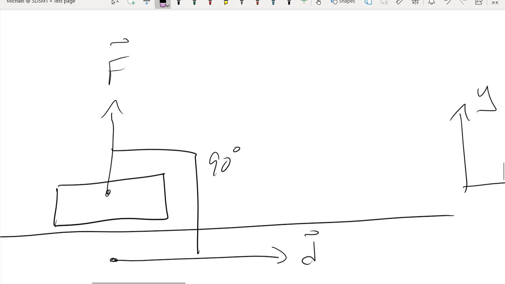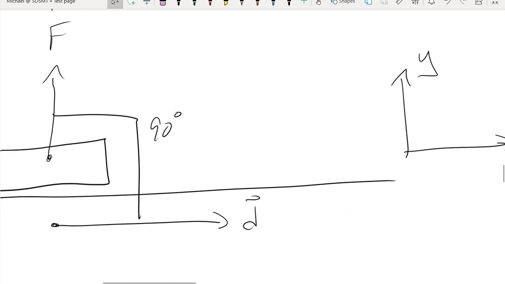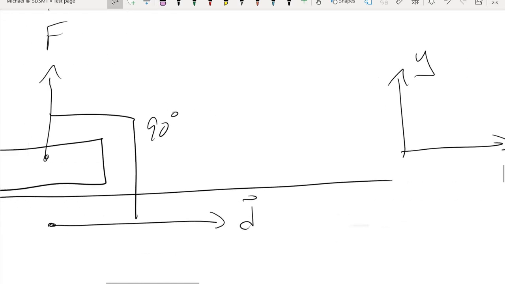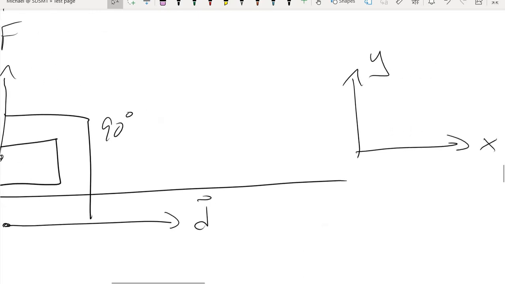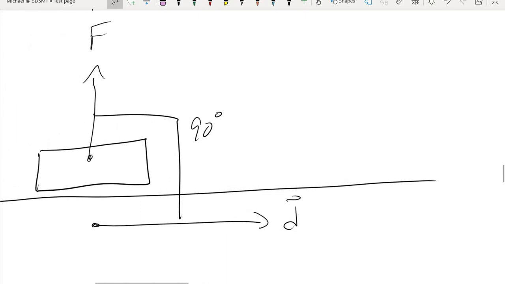For the second case, do I really need this xy axis over here to tell me that there's a 90-degree angle between the two vectors? And again, the answer is no. I don't really need that reference frame there. I just need to know the angle between those two vectors.